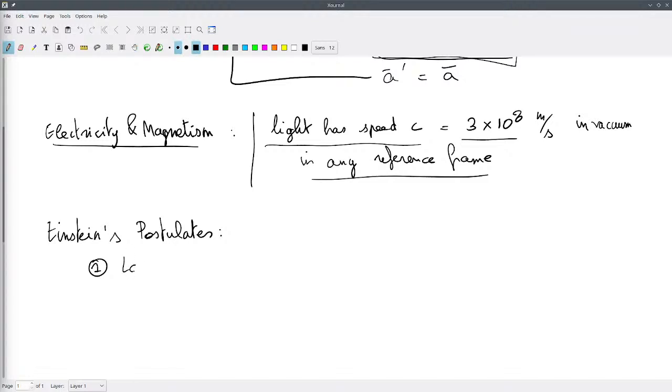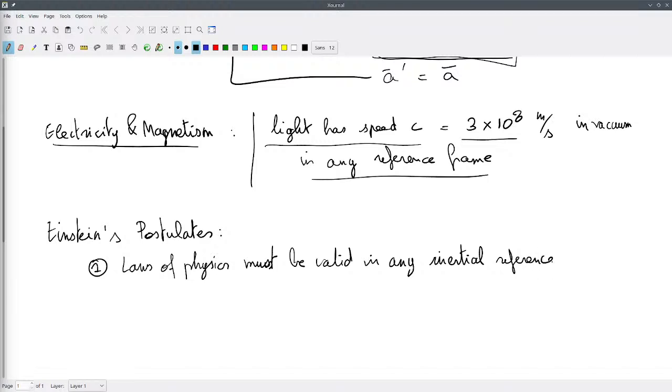So the laws of physics must be valid in any inertial reference frame. And so that's the first postulate.